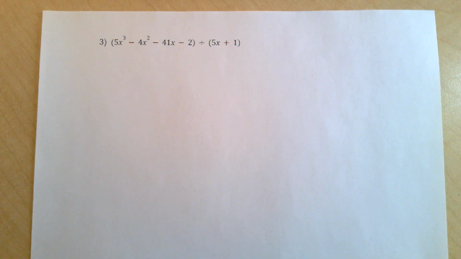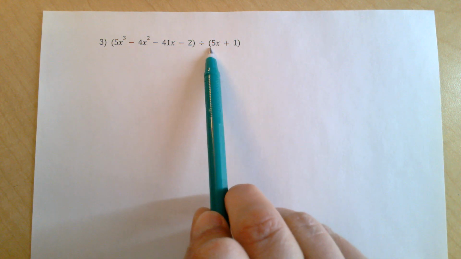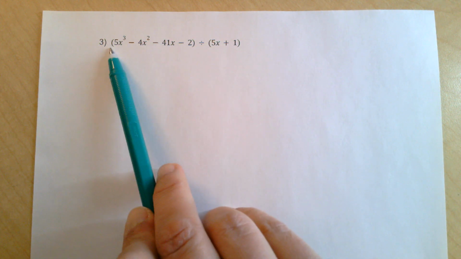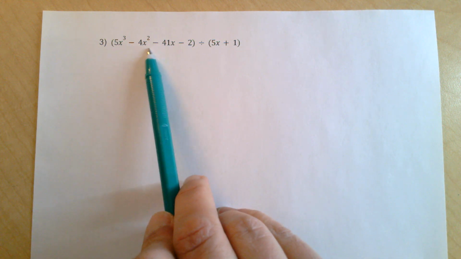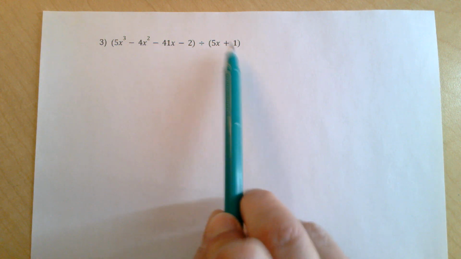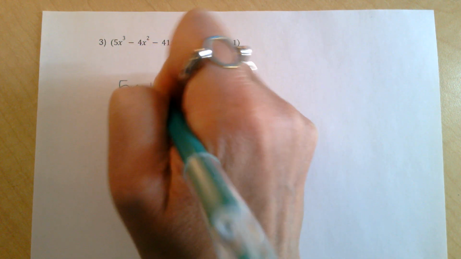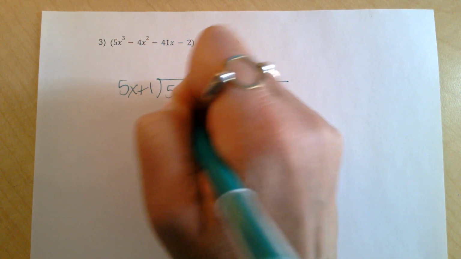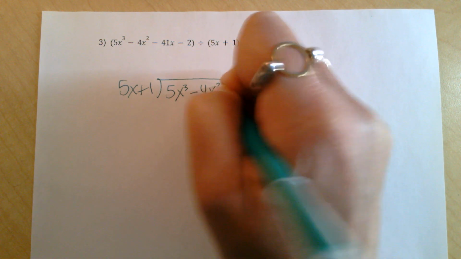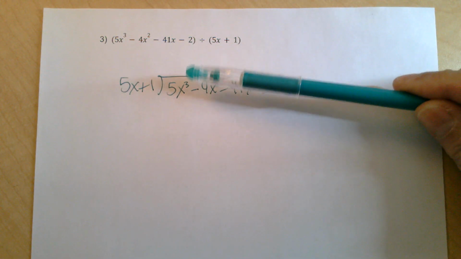Number 5, it's just a little bit different because it has a number in front of the x here. So we're dividing 5x cubed minus 4x squared minus 41x minus 2 by 5x plus 1. So we just have to be careful. We're still doing it the same way.